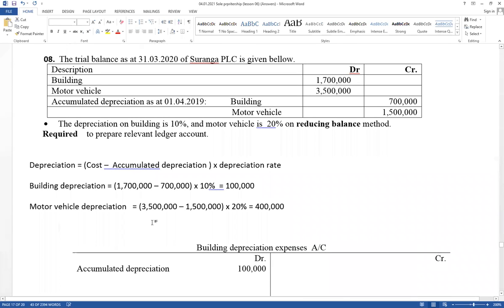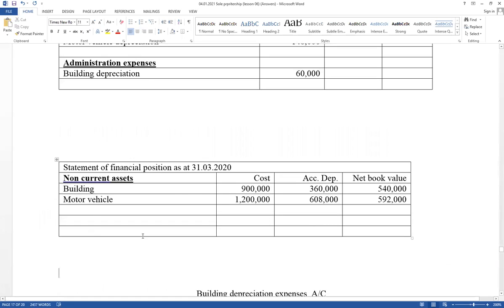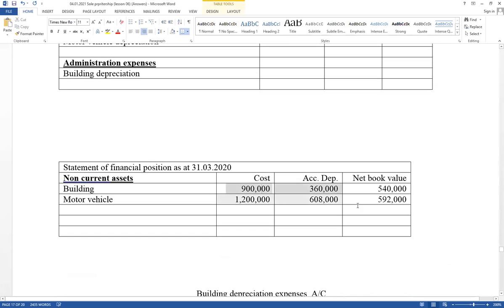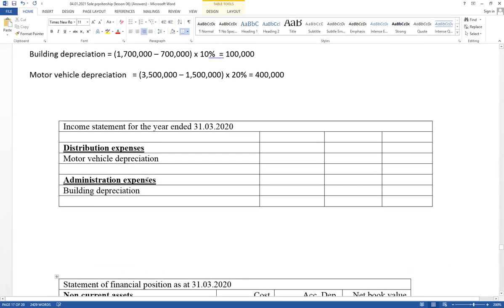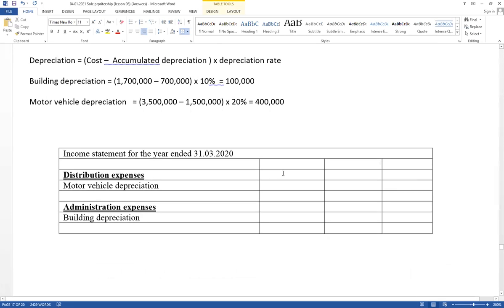Think how to disclose in the income statement and statement of financial position. Motor vehicle depreciation value equal 400,000. Building depreciation value equal 100,000. It has depreciation expense accounts also.